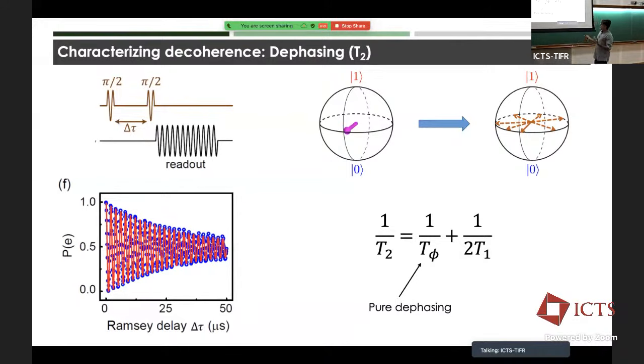So in the ideal world, in some experiments where the dephasing is dominated typically by some kind of 1/f noise, which is highest at low frequency and then dies down at high frequency, when you do the echo experiment, you get that the T2 echo is exactly 2 times T1. So if your T1 was 50 microseconds, your echo time would be 100 microseconds. That tells you that you are dominated by low frequency noise. If you don't see any change, then you know that there's a lot of high frequency noise. And this gives information on how to adjust your setup to look for problems, why it is high frequency, why it is low frequency, and so on.